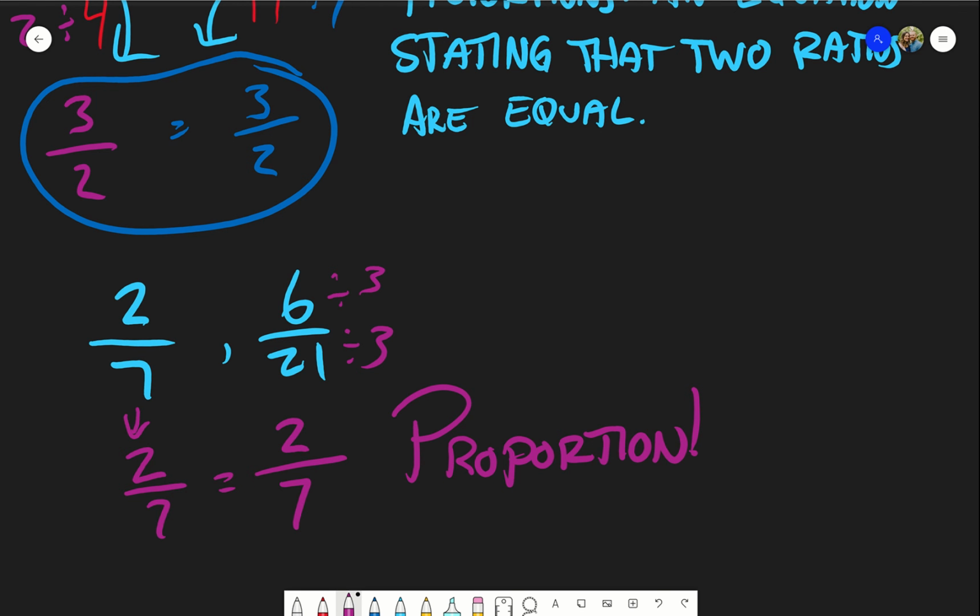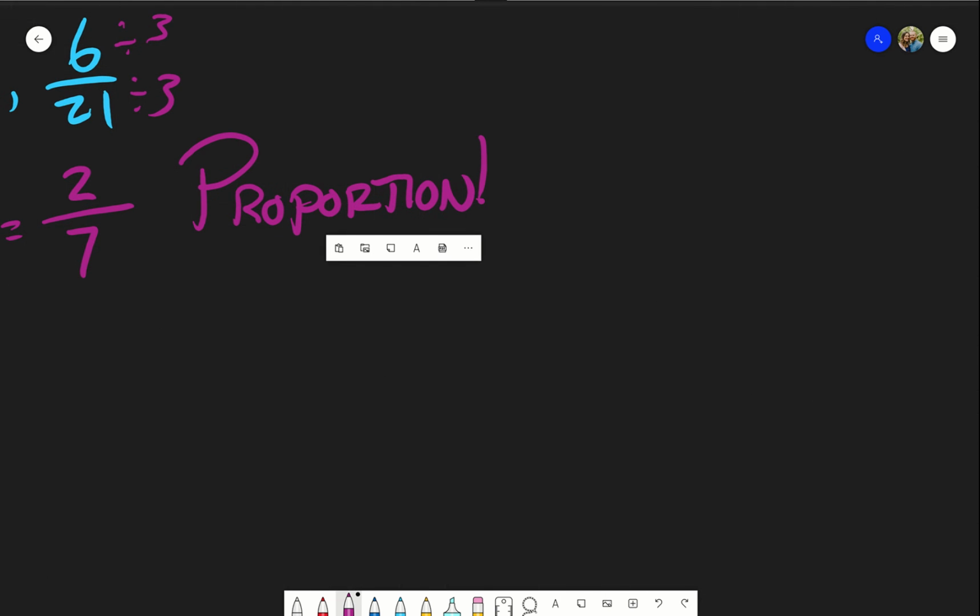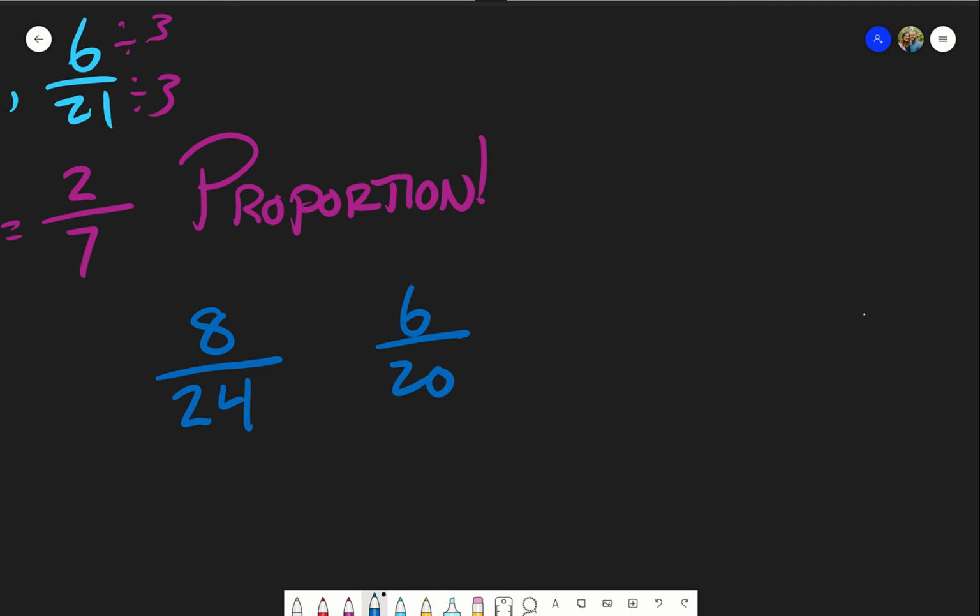What if I had something like 8/24 and 6/20? Is this a proportion? Well, let's simplify. 8 and 24 can both be divided by 8. This gives me 1/3. 6 and 20 can both be divided by 2.